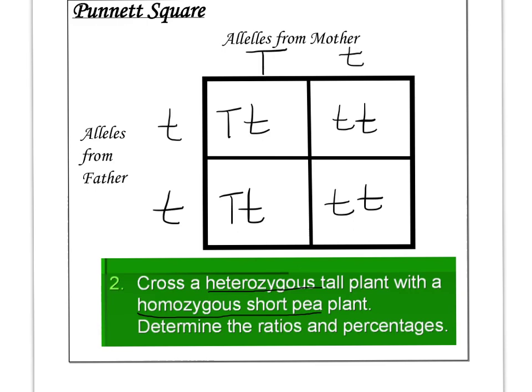You could say 2 out of 4 of the offspring would be tall, 2 out of 4 would be short. And then the genotype ratios, you'd say 2 out of 4 would be heterozygous, 2 out of 4 would be homozygous recessive.